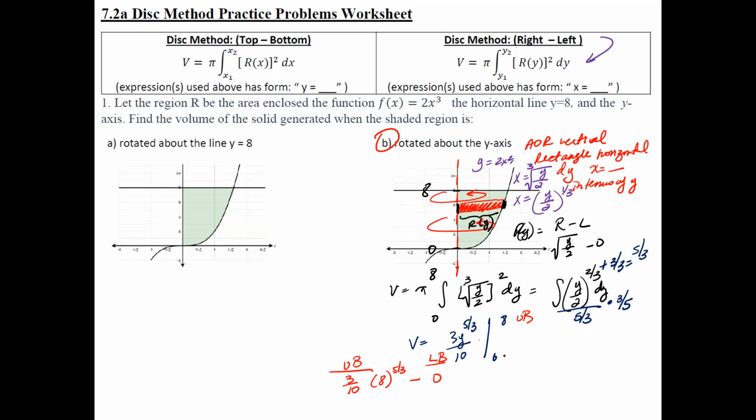That's a lower bound. Okay, and then don't forget your pi. So once you use your calculator and try to figure out what 8 to the 5 over 3rd power is going to be, you plug it in. It's 12.095 pi units cubed. And this is your answer. Now I want you guys to go ahead and try for letter A.